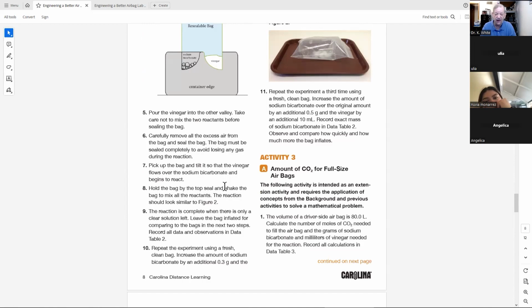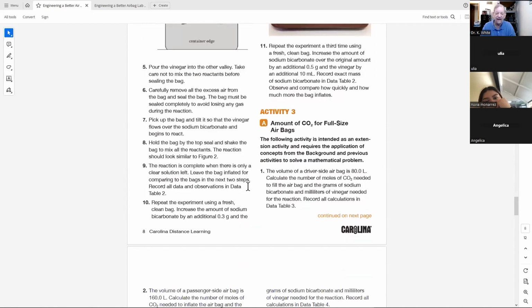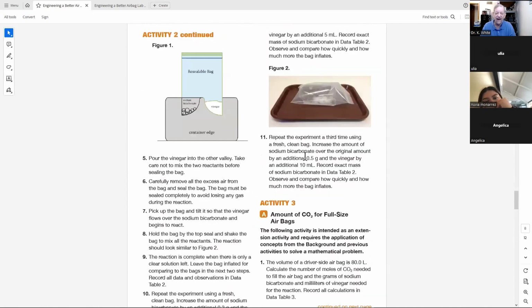And then you'll do it a third time. And now you'll use an additional 0.5 over the original amount of the sodium bicarbonate and an additional 10 milliliters over the first run of the vinegar. So if you use, I'm just picking a number, 5 milliliters in your first run, for the second one, you'll use 10 milliliters of vinegar.